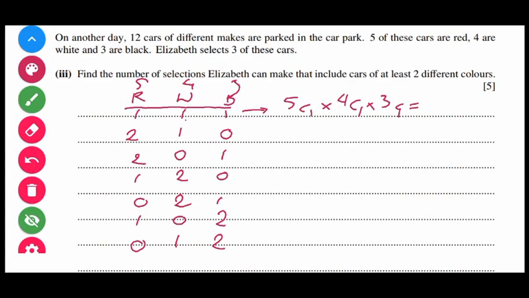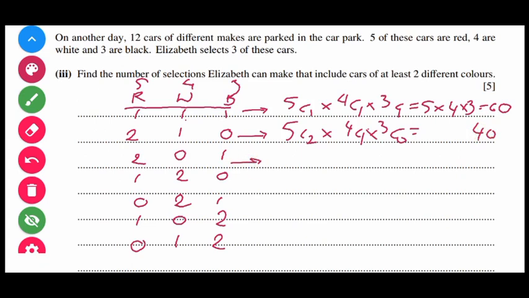So we get 5 into 4 into 3, which is 60. Similarly, for the next one, 5C2 into 4C1 into 3C0. That is 5C2 is 10, into 4, 40.